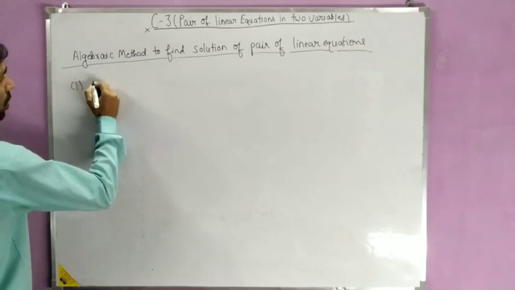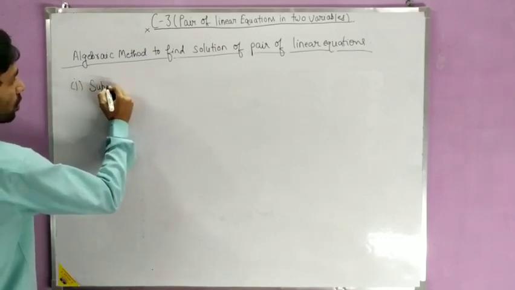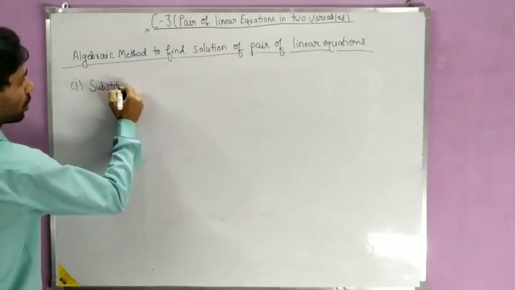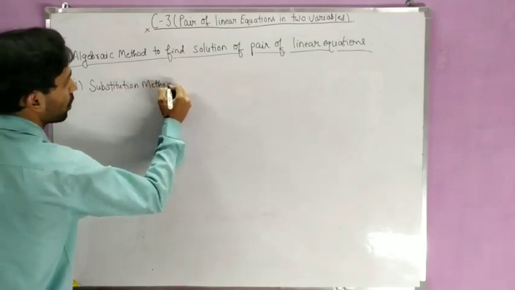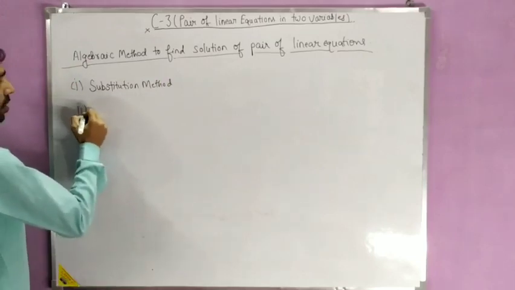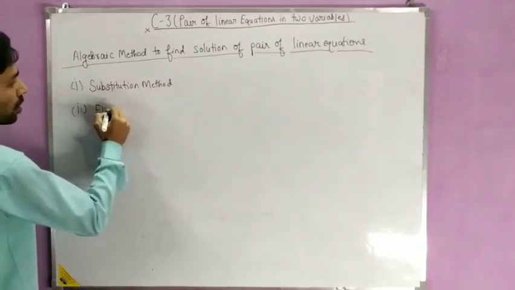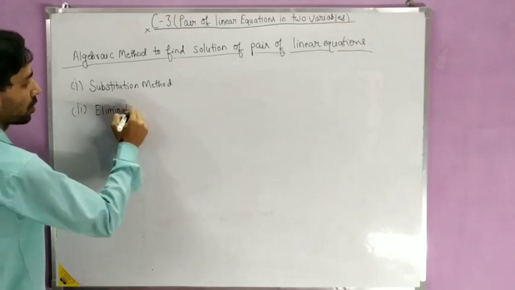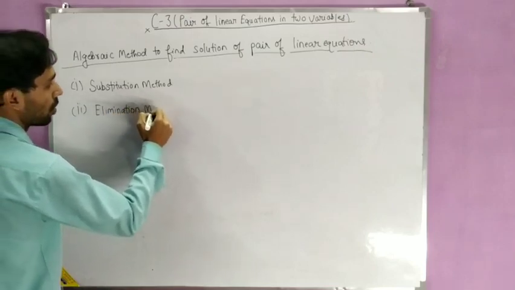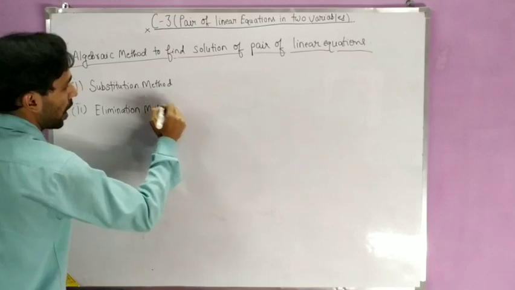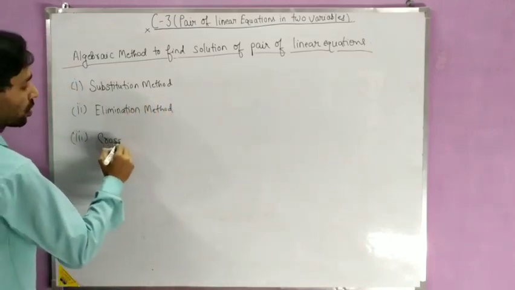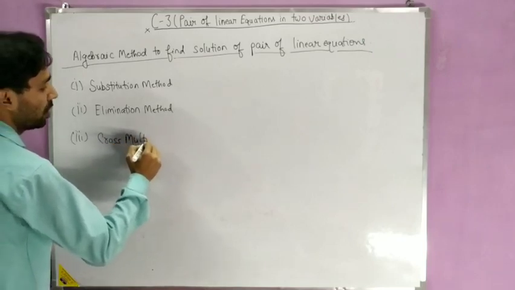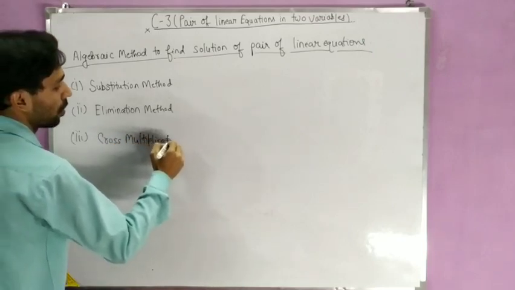The first method is the substitution method. Second is the elimination method, and third is the cross multiplication method.